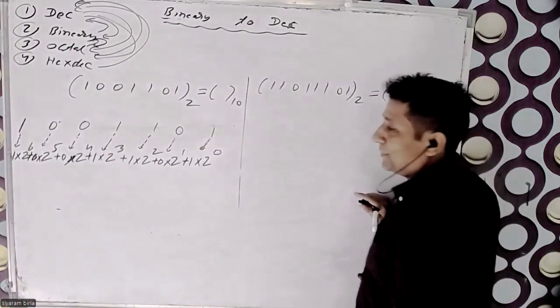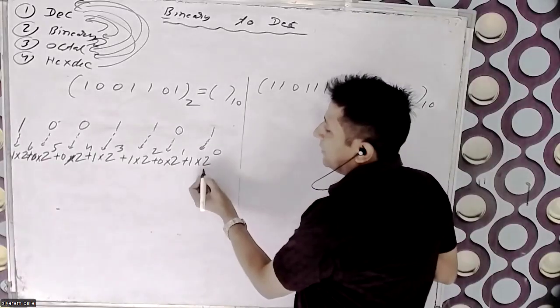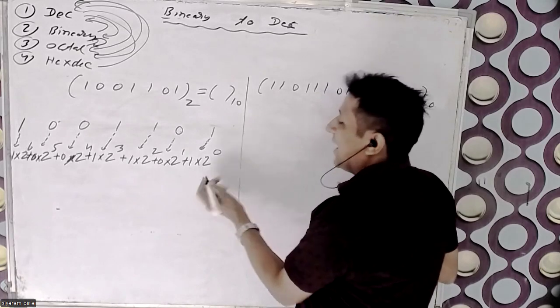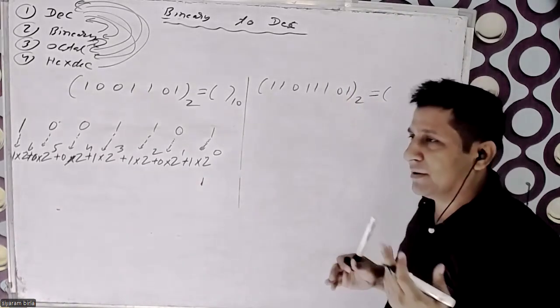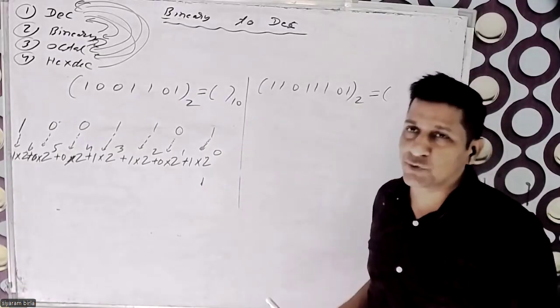So I have pulled every digit from top to bottom. 2 to the power 0 is 1. Any number to the power 0, its value is always 1.